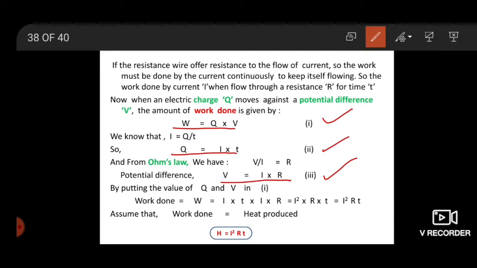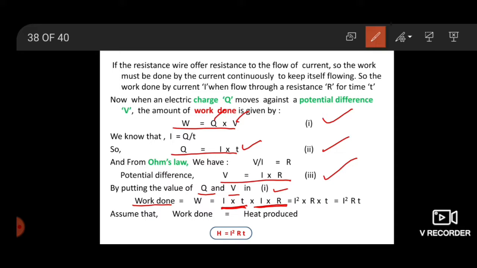Now put the value of charge and potential difference in the first equation. Work done W equal to I t, the value of Q from the second equation, and the value of V, potential difference, is I R from the third equation.